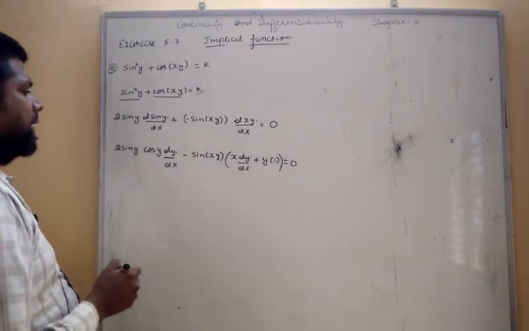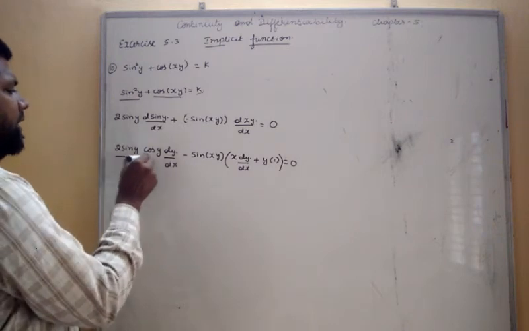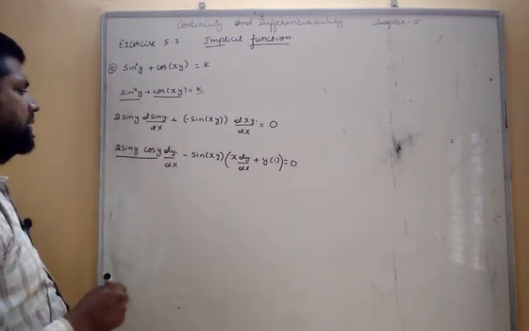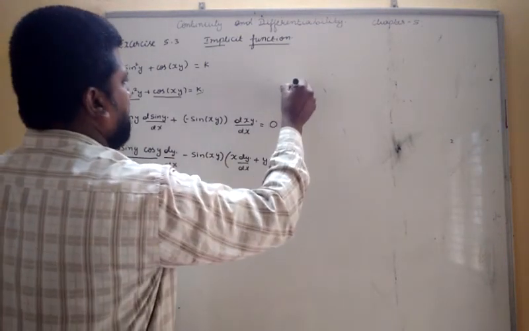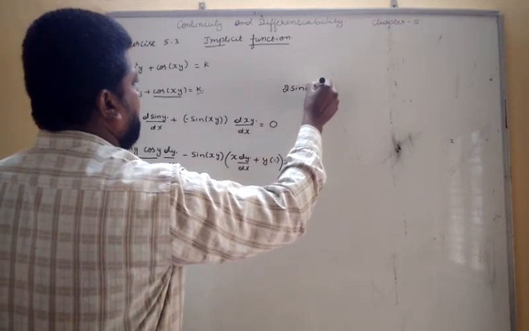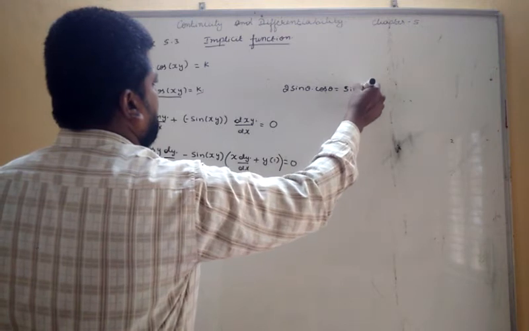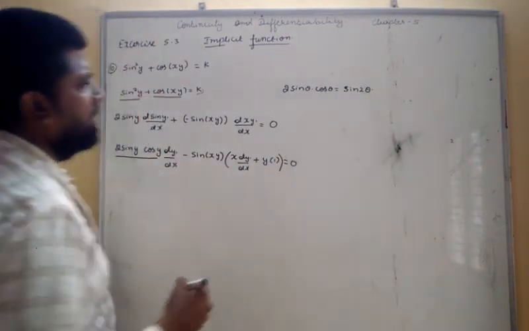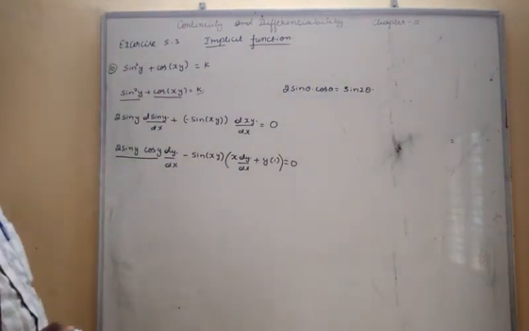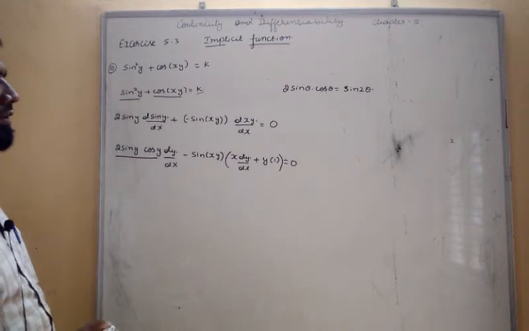Then here we can apply the multiple angle formula. 2 sin theta into cos theta can be written as sin 2 theta.